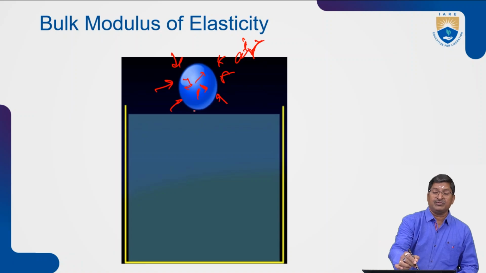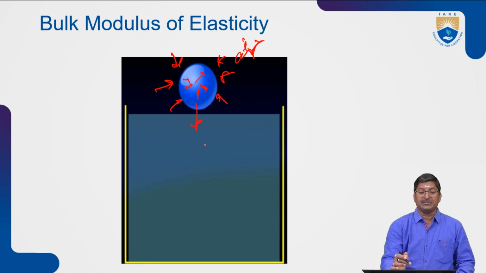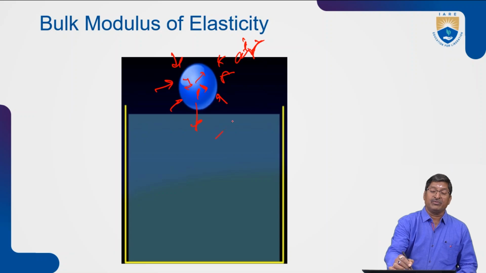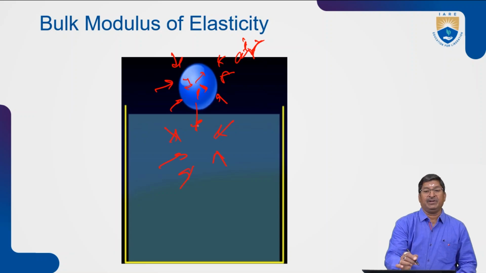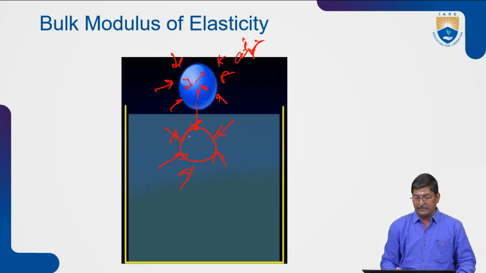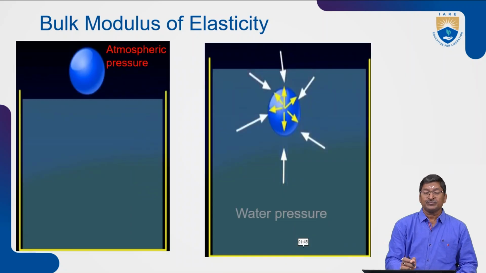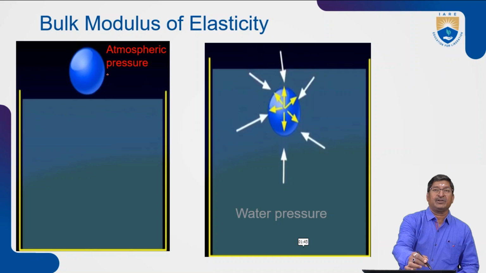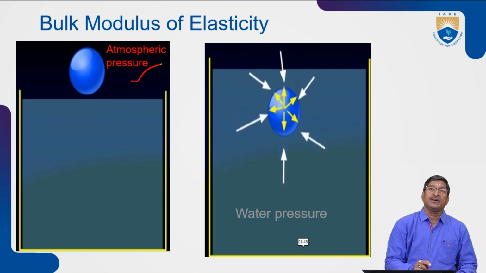So whenever you are trying to keep it inside this liquid, what will happen? The force will be applied by means of this liquid onto the bubble. Outside of this liquid, because air is present, there will be pressure onto the balloon, which is the atmospheric pressure.